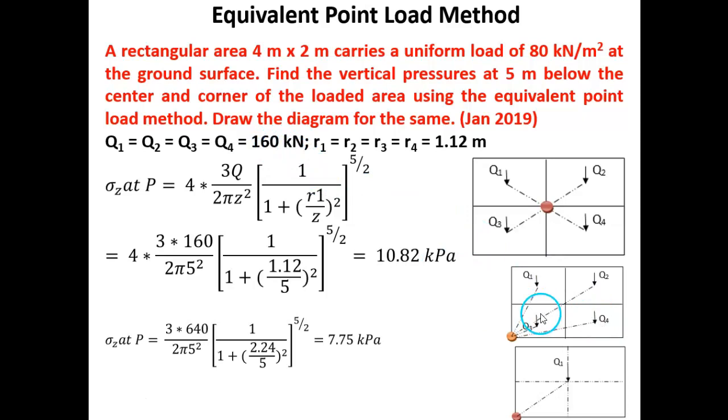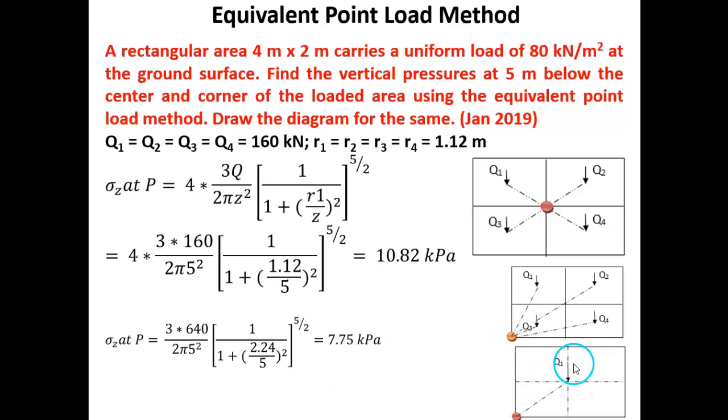Then we have to find the radial distance of each point load with respect to the point about which we are going to find the increase in stress, that is corner point. So if you find all the radial distances, and then when you substitute in this point load equation, we will get the total increase in vertical stress at this point.